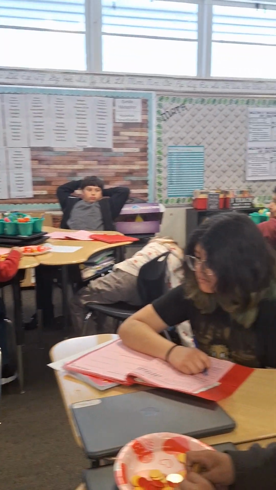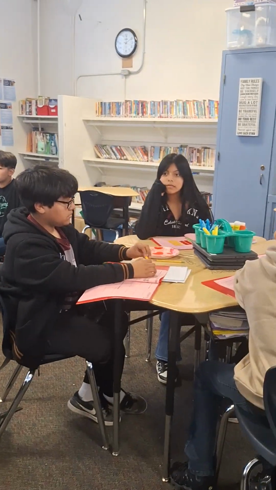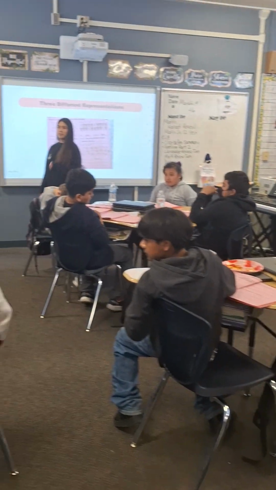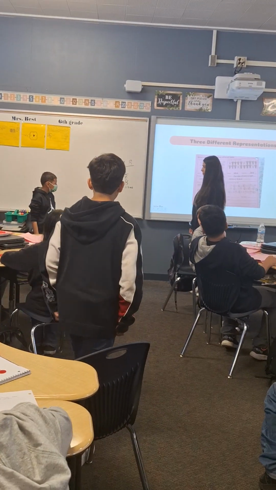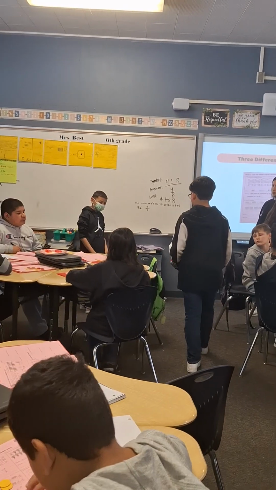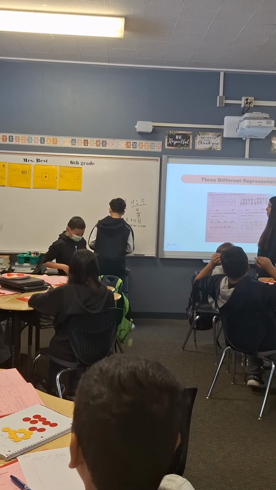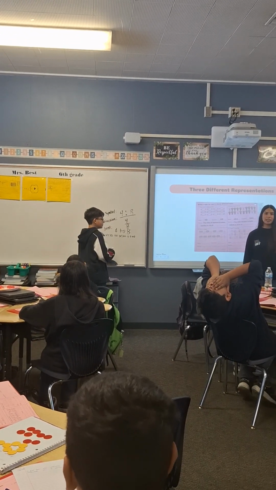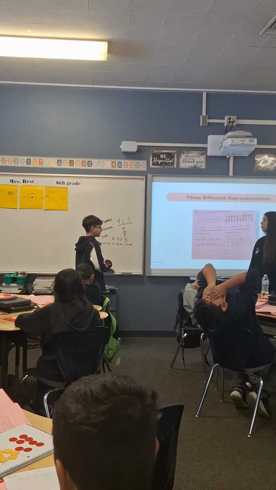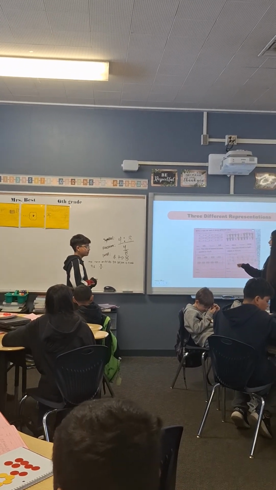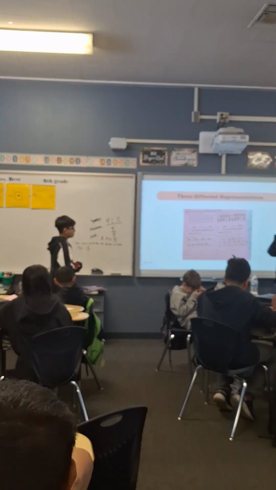Do you guys see something else that we could do to it to get a smaller answer? Can you come and show us? So what Axel said, he said that there is another way in which we could represent nine fries to 6 drinks, and he's gonna show us.